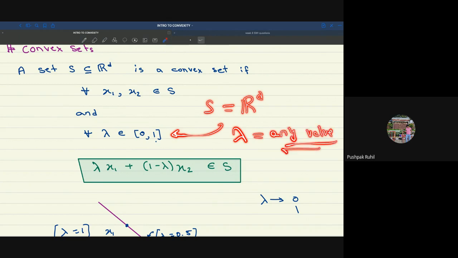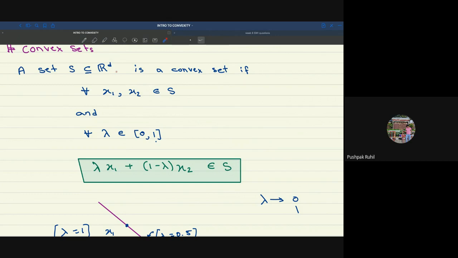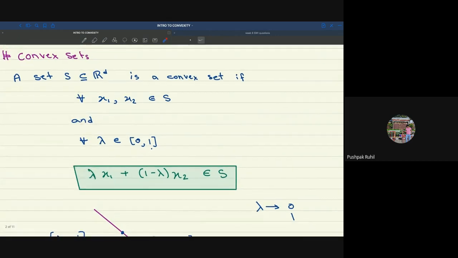If your S is a subset of RD, then this restriction would be there. This is the definition that we are using. At least the range 0 comma 1 should be satisfied. So this is what we have.